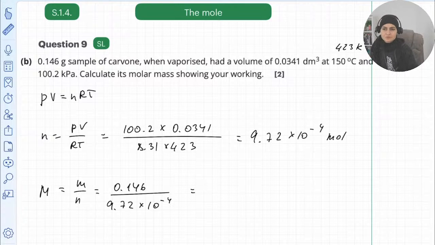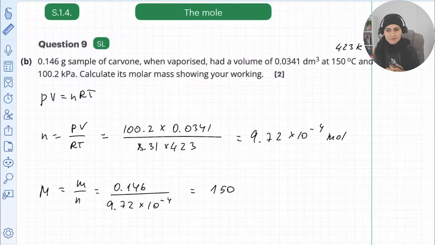And now the number should be sensible. Let's see how much we get. The molar mass that I got is 150.2, or just 150, grams per mole. This is a nice number because it's not too large and it's not too small.